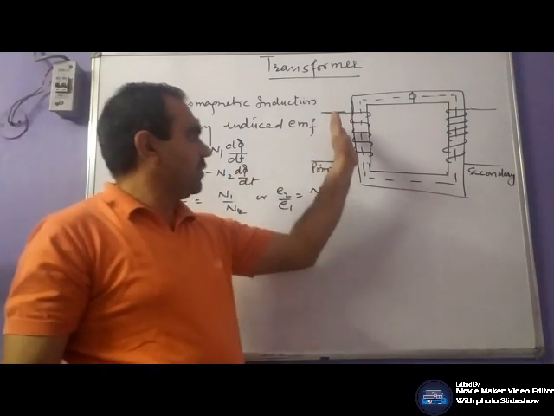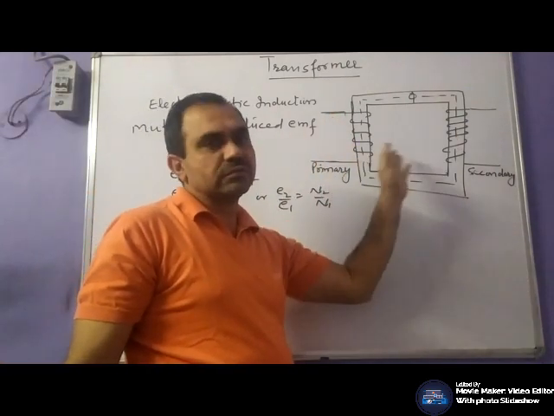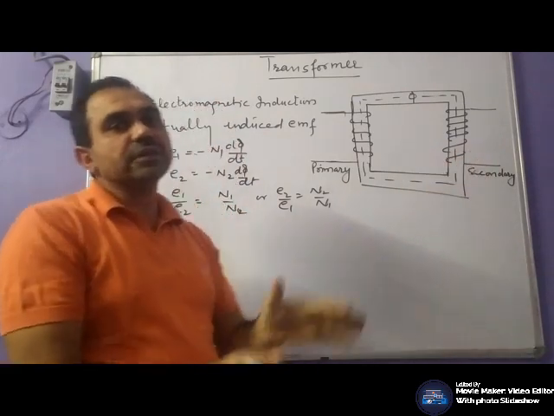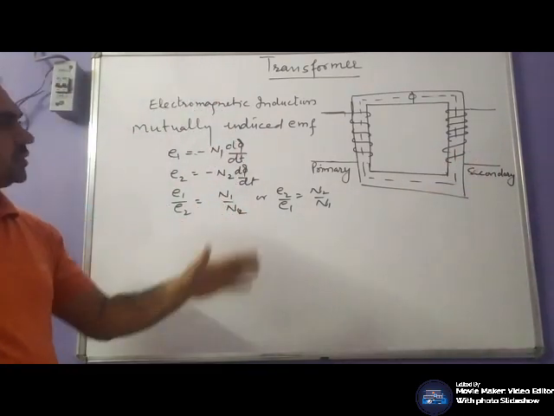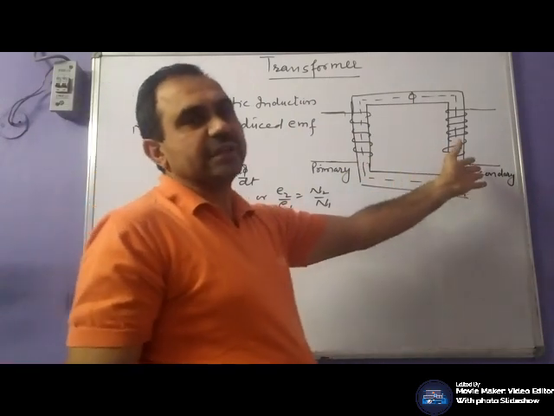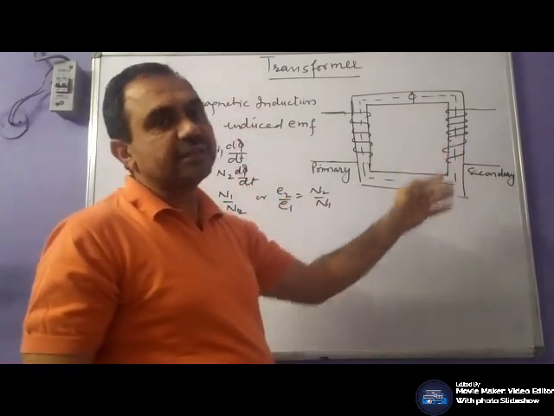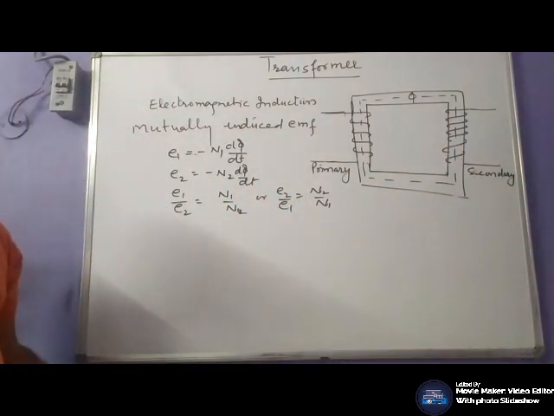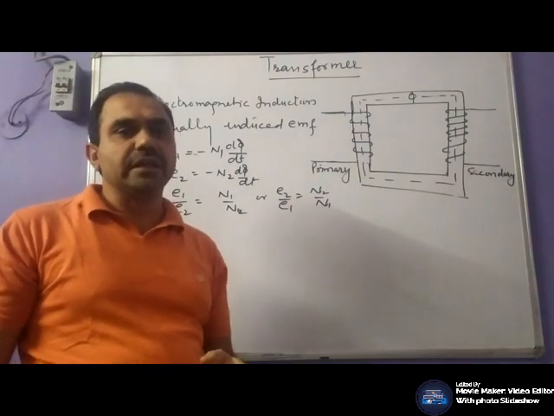Means the EMF induced is directly proportional to the number of turns. By increasing or reducing the number of turns, we can change the voltage level. That's why this transformer is being used in different electrical applications.